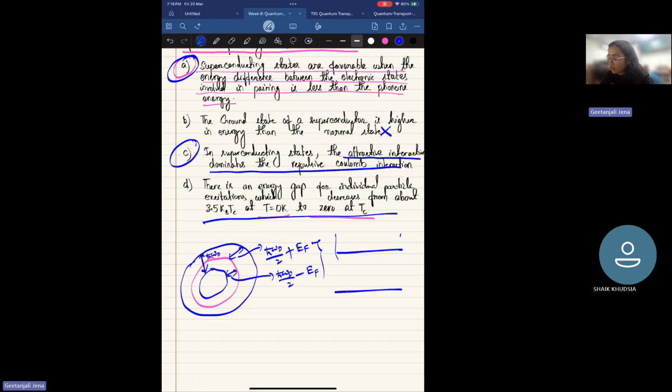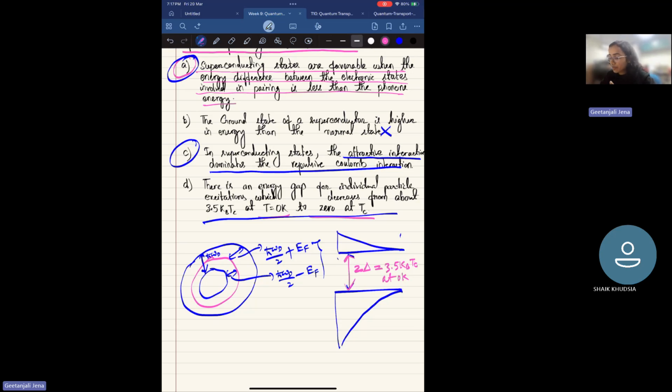If you recall, in the superconducting state there is a superconducting gap, and this gap has a value of 2 delta, right? And in the first part of the live session, I said this 2 delta is roughly 3.5 kBTc at 0 K. So in the superconducting state at 0 Kelvin, the energy gap is 3.5 kBTc.